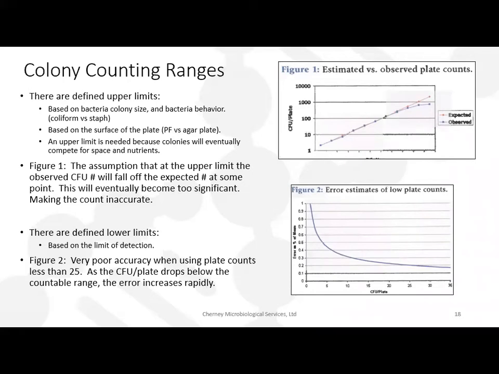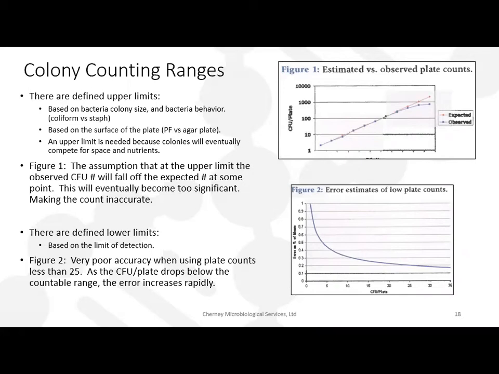Eventually the observed CFU will fall off from the expected number, and this difference between the expected and the observed becomes too significant and makes the count inaccurate. Those bacteria compete for space and nutrients, and there's a limited amount in that Petri film or agar plate, so it could end up giving you a misrepresentation. That's why there are defined upper limits.